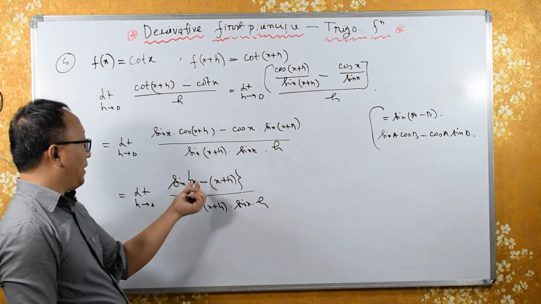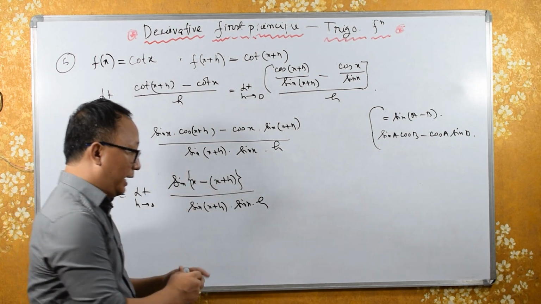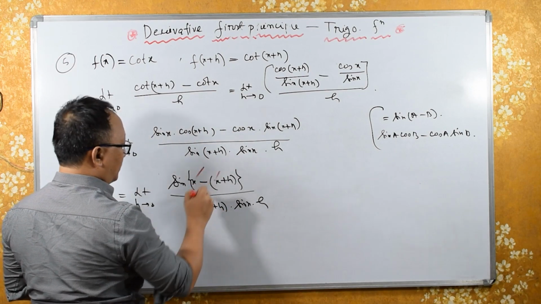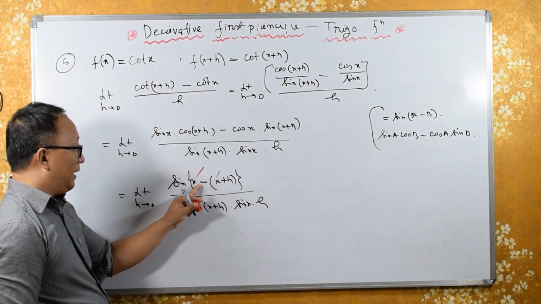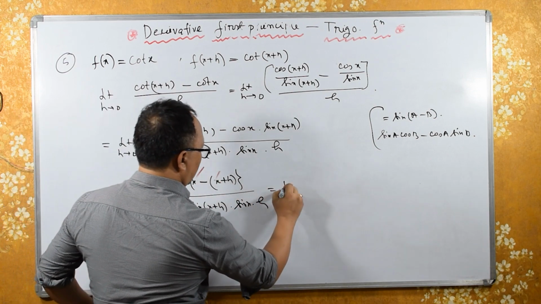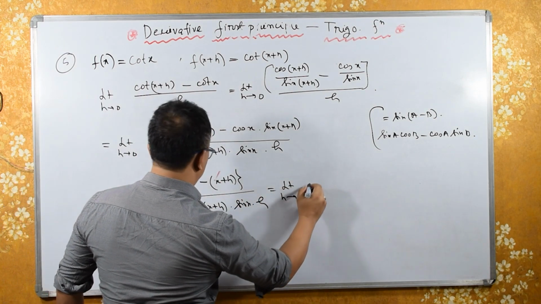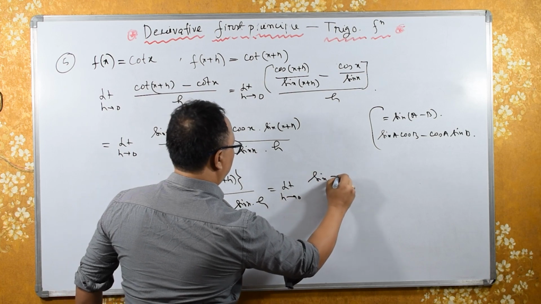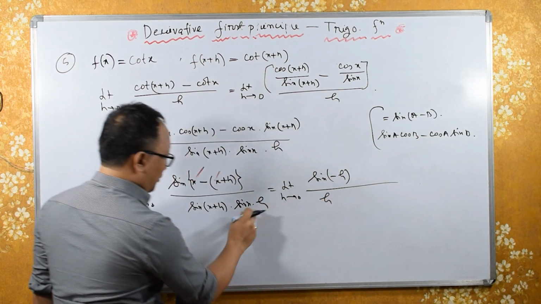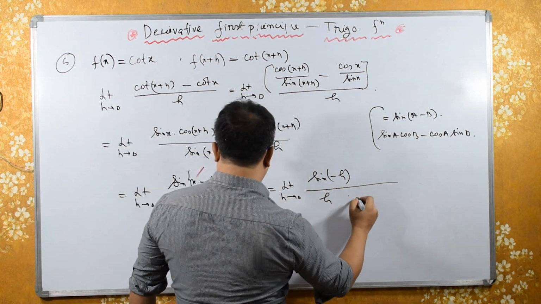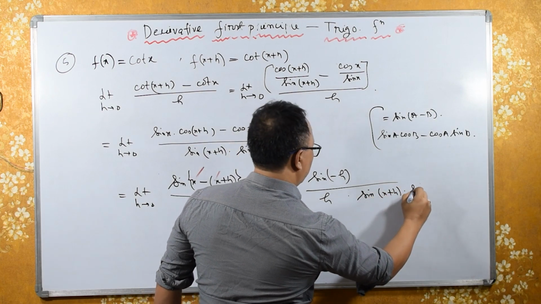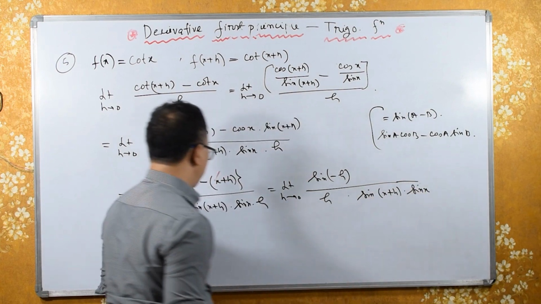Here if I send the minus inside, this x and this x will get cancelled, and I will have minus of sine x. Here limit of h tends to 0, I will have sine of minus h, upon, I will write this h over here, and sine of x plus h into sine x.